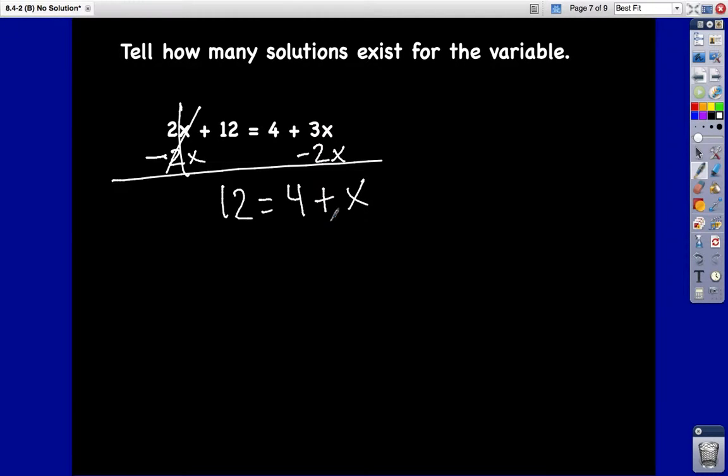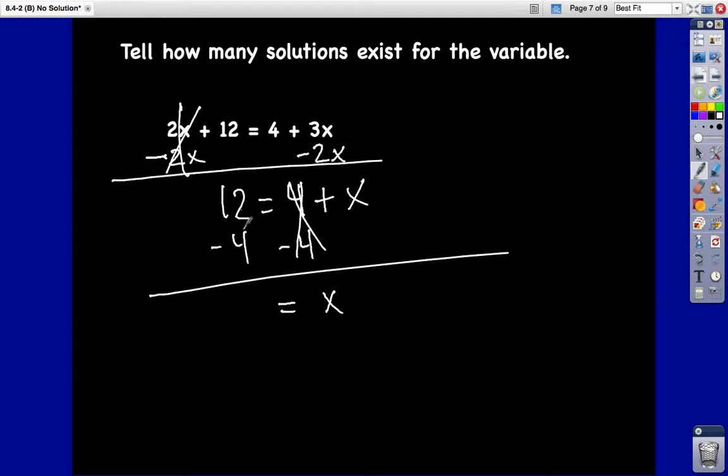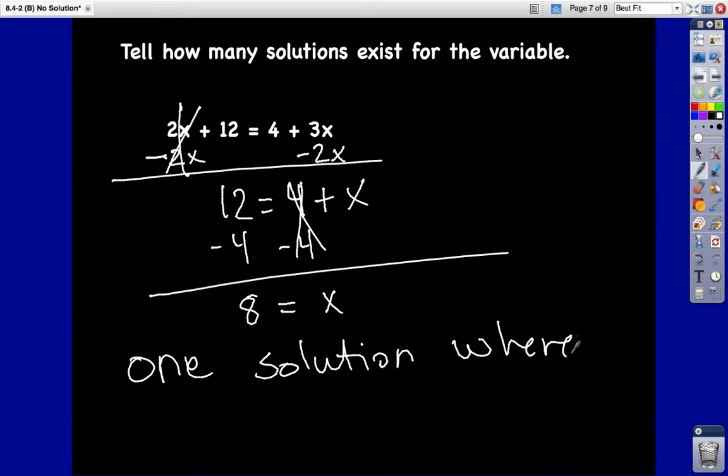Okay, so that's where I got my x. Now I'm going to subtract 4 from both sides, because I want to get rid of this 4. That gets me just x on the right-hand side, and this equals 8. So in this particular situation, there's one solution, and I would write one solution where x equals 8. It doesn't matter if the x is on the left or the right, it still equals 8.